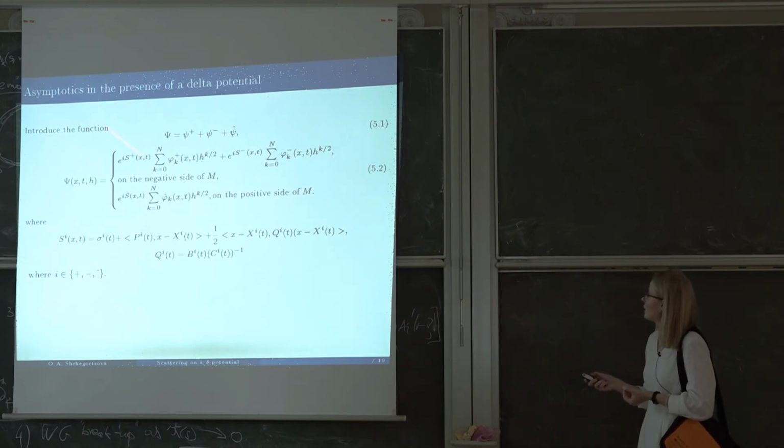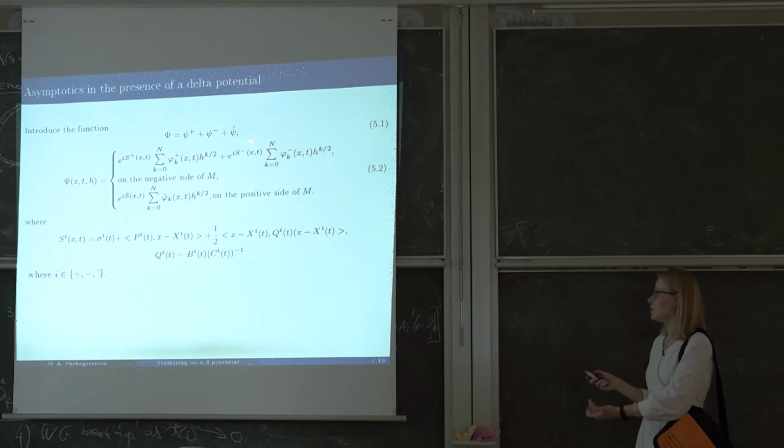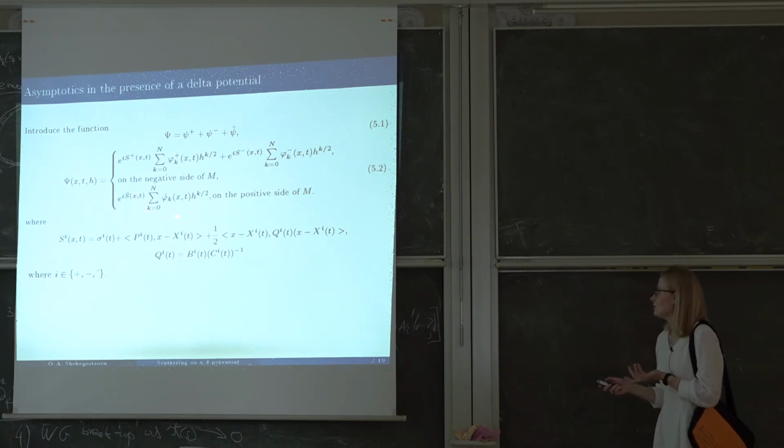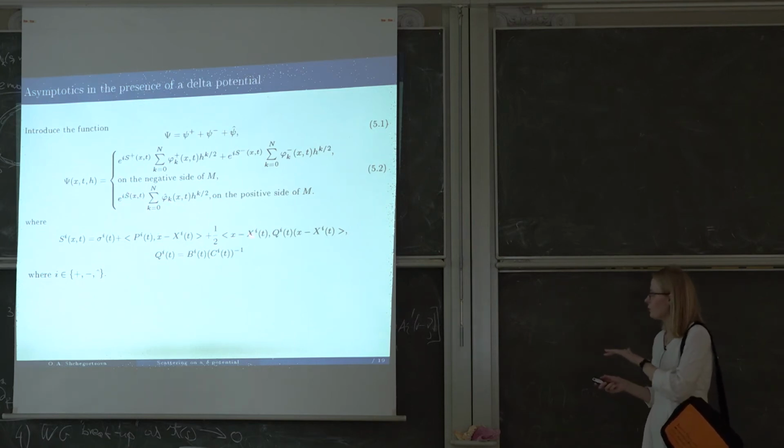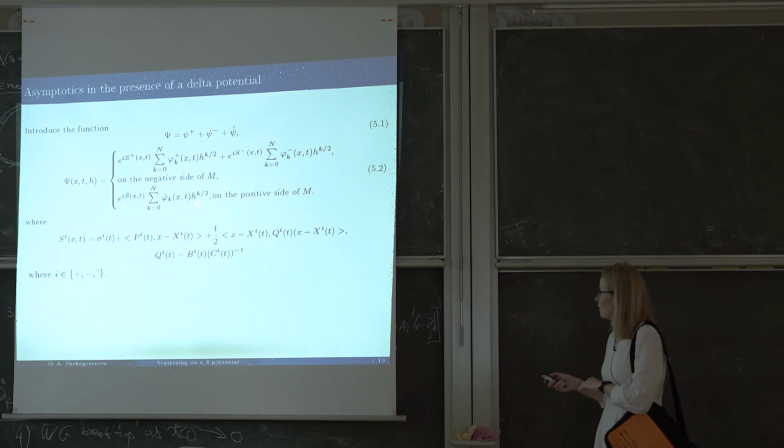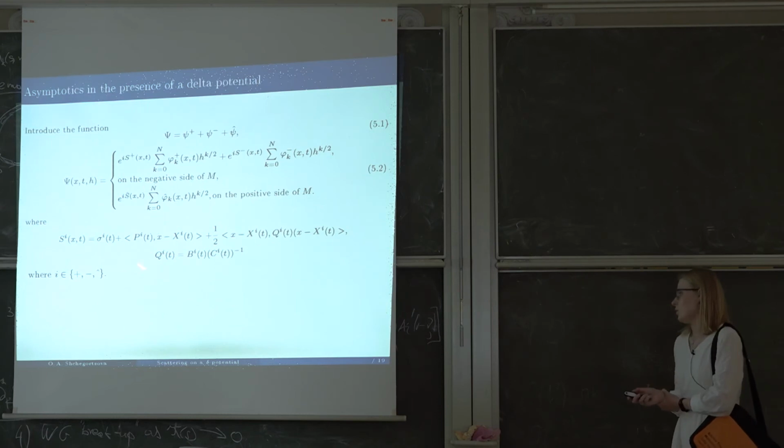Here the first line is defined on the negative side of the surface M, where plus is the falling function and minus is the rejected one, and hat is for the passing wave. We will assume that the phase is also, as before, represented as a Gaussian beam.